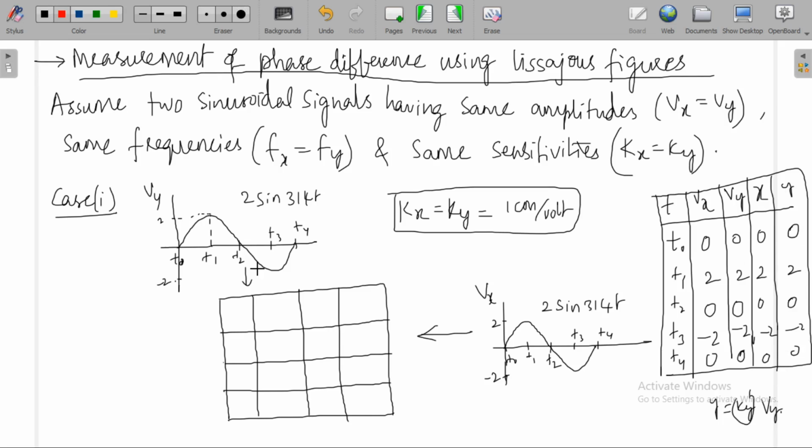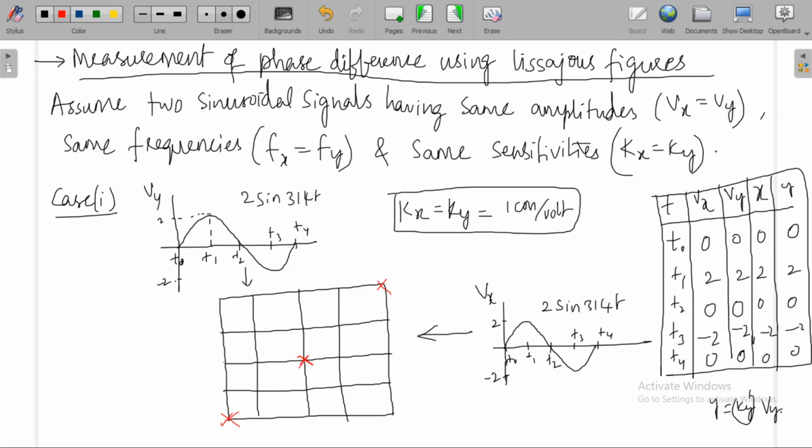Now I am taking 1 division is equal to 1 volt. So x comma y: 0 comma 0, 0 comma 0, 2 comma 2, 2 comma 2, 0 comma 0, again minus 2 comma minus 2, 0 comma 0.